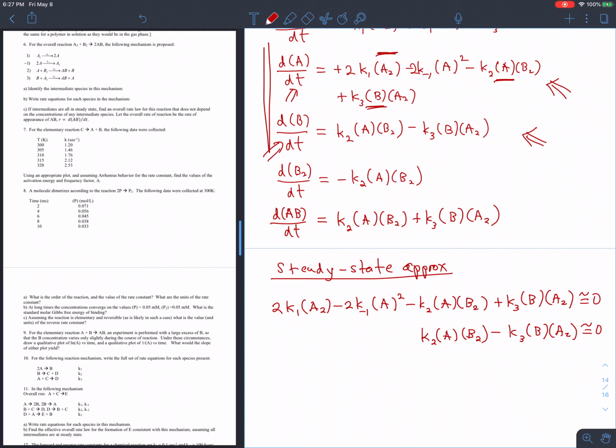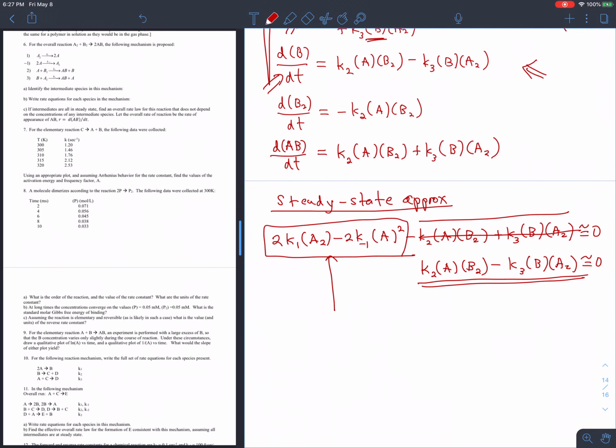And now you notice that these two, this business and this business, are the same, and in fact this business is equal to 0. That means all of that is equal to 0. So we can simplify our life by noticing that right off the get-go, and now we just have this much simpler equation to solve. And so this must be equal to 0 now.